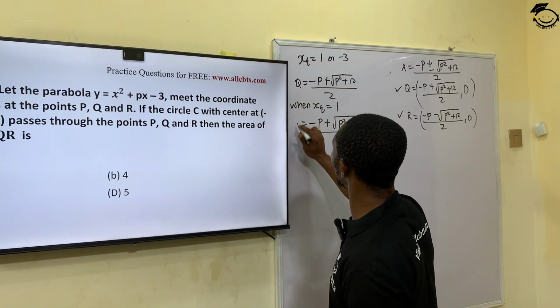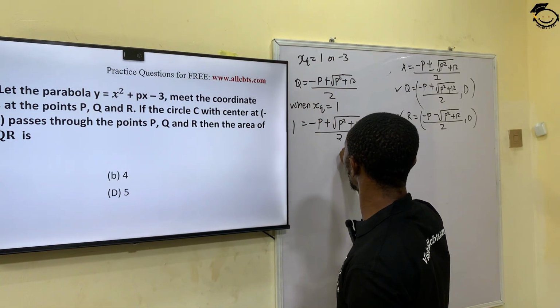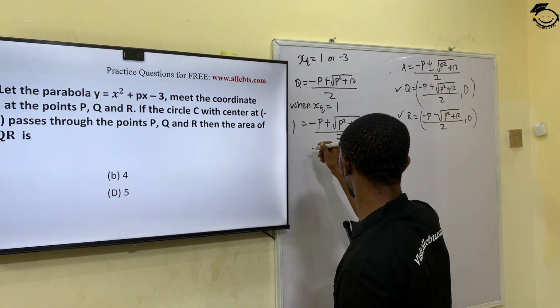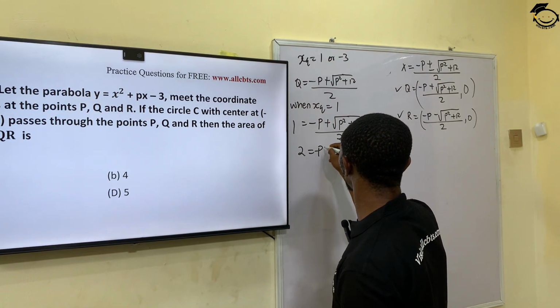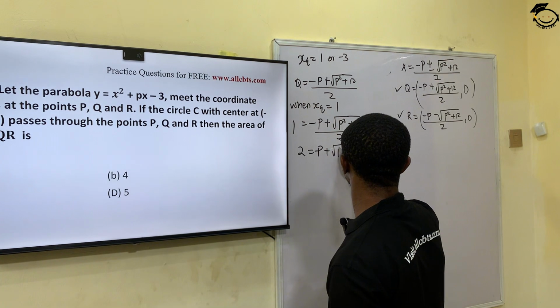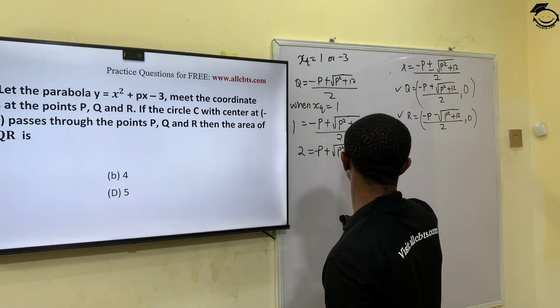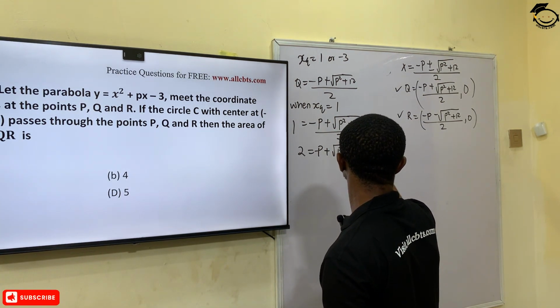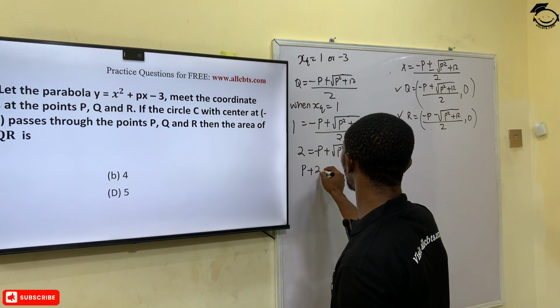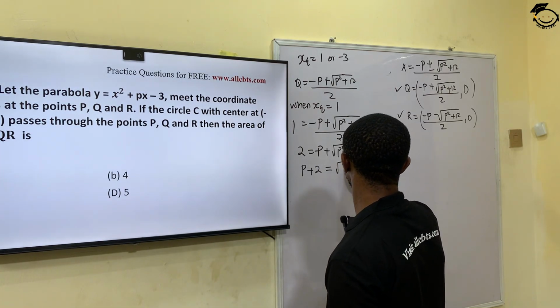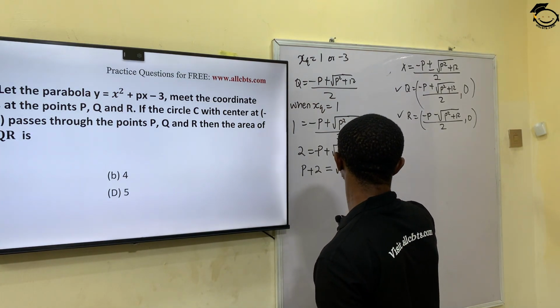So this is 1, since our s cubed equals 1. So cross multiplying, we have 2 equals minus p plus root p squared plus 12. So moving our p over, this becomes p plus 2 equals root p squared plus 12.